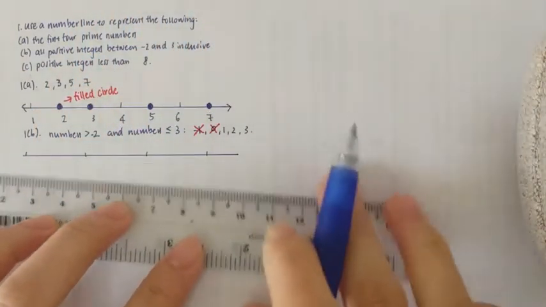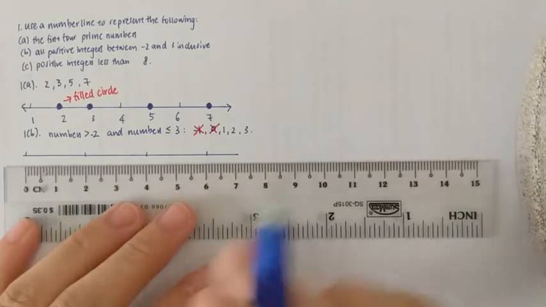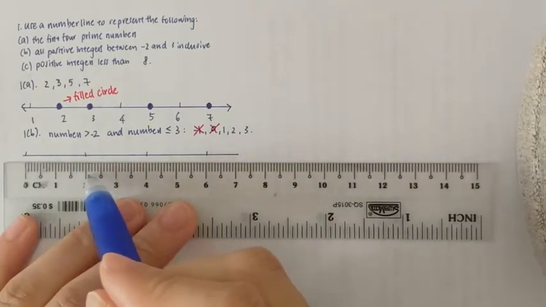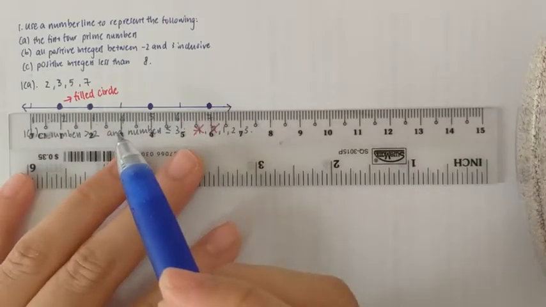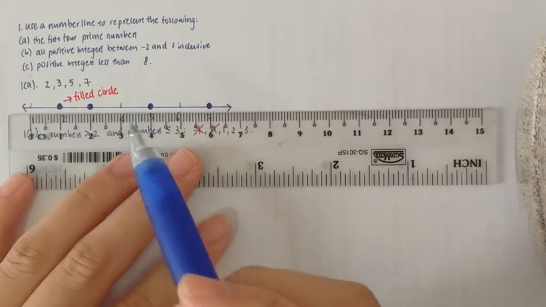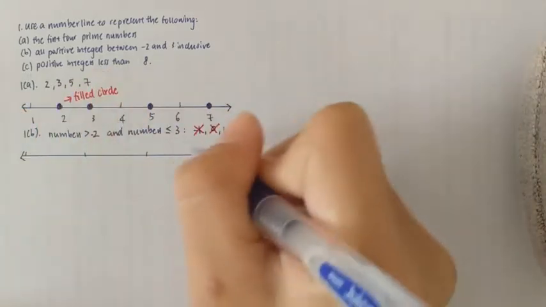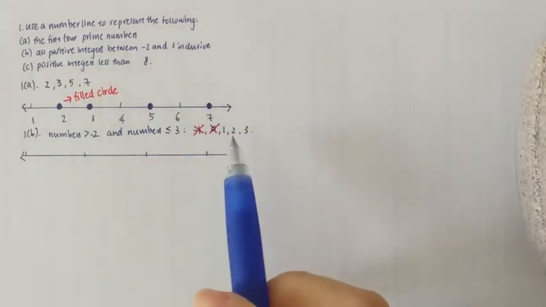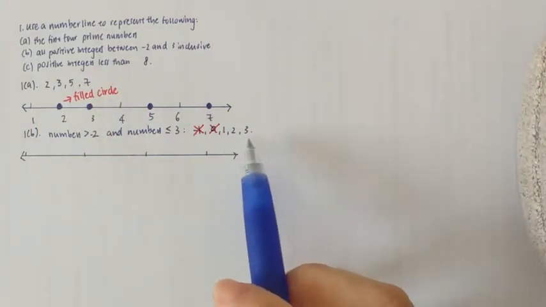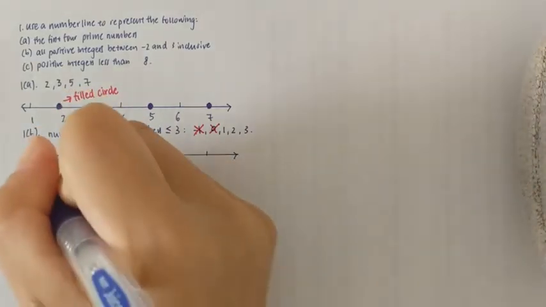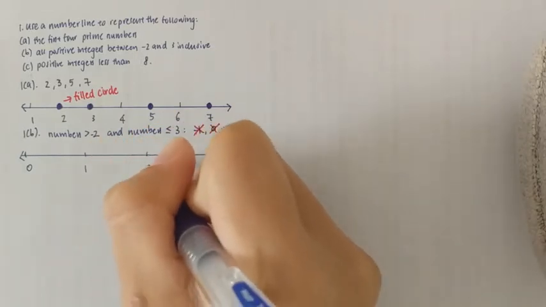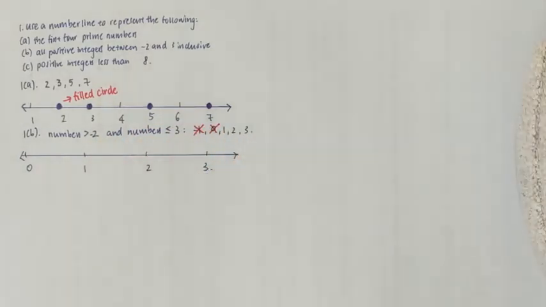Okay, this time I'm using 2 cm markings to represent 1 unit instead of the 1 cm markings that I used just now in part A, because I know that my answers are quite a few, 1, 2 and 3, and I want it to be more spaced out. So I can opt to have 0, 1, 2 and 3 like that.